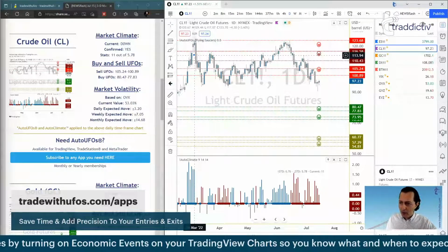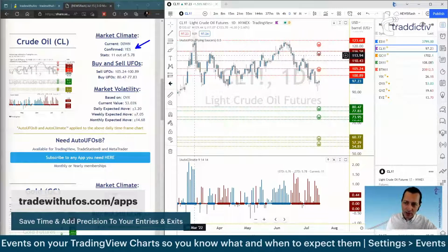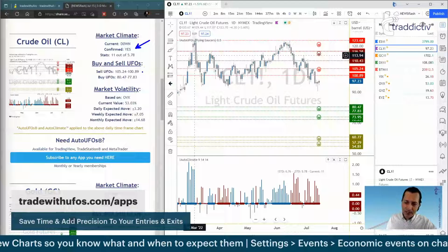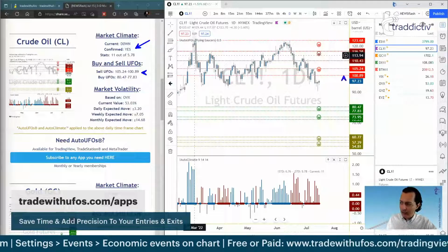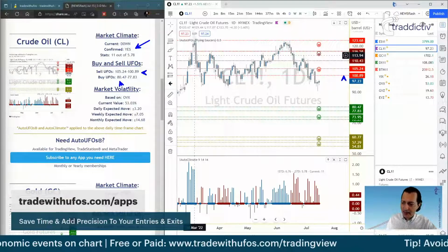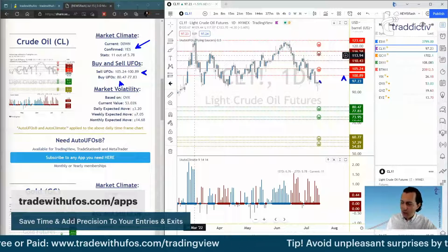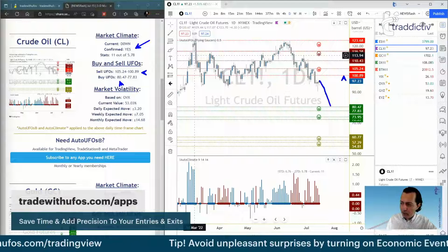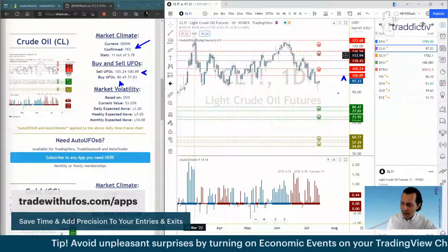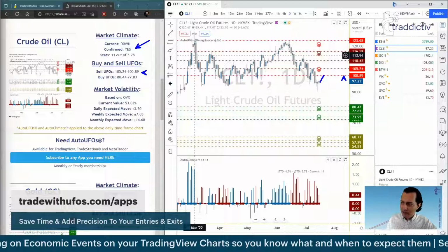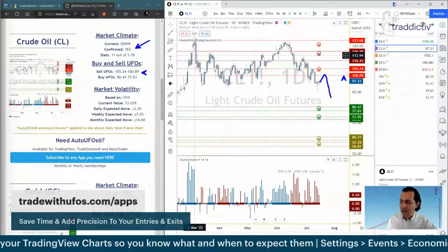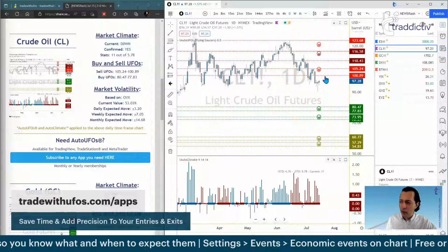Going back to the market conditions, dimension number one, the climate is down, very extended to the downside. The UFOs: we got sell on field orders at 189 and buy on field orders at 80.47. If it falls, there is a long way to fall before it bounces, unless new buy orders are added. If it rallies just a bit, it will immediately find sell on field orders, and we expect crude oil to fall.